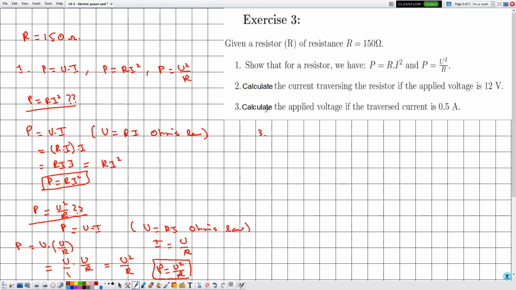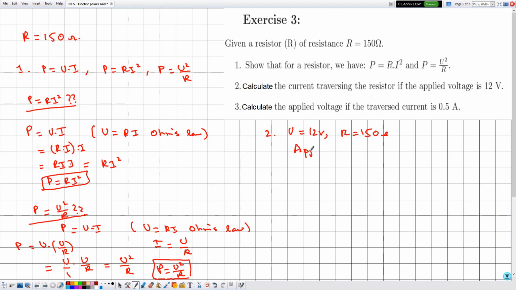Now in number 2, they are telling me to calculate the current traversing the resistor if the applied voltage is 12 volts. So we know that the voltage is given by 12 volts and already the resistance is given to be 150 ohms. So we need to find the current traversing this resistor, and this can be done using Ohm's law.